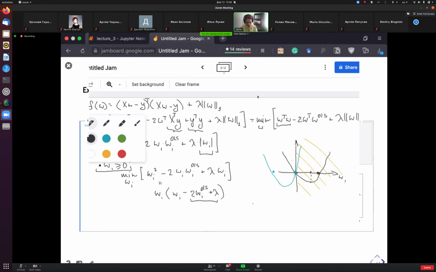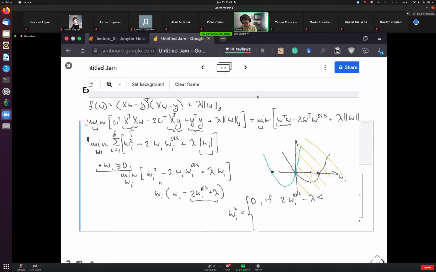So that gives us a solution for optimal wi in this case. It is 0 if the second root, which is 2 times wi OLS minus lambda, is smaller than 0.